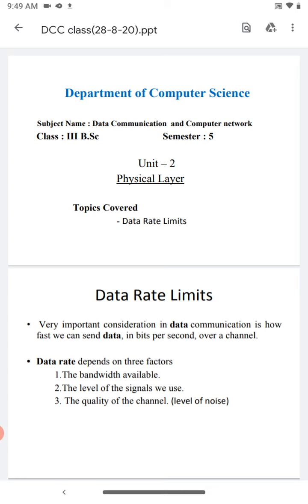So, what does impairment mean? Transmission impairment means that the signal at the beginning of the medium is not the same as the signal at the end of the medium. Because when you transmit the signal from the sender side, noise will be added.